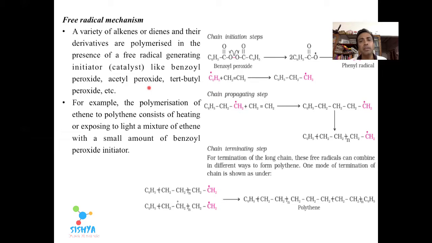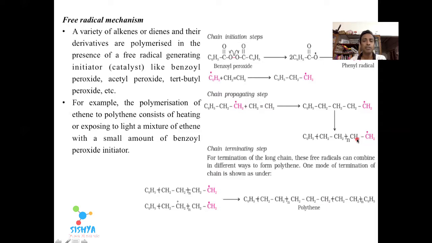When initiated, it gives a phenyl free radical, which reacts with an alkene to form another free radical. Due to that, it undergoes another step, called the chain propagation step, where it reacts with the double bonded alkene to form the propagation.